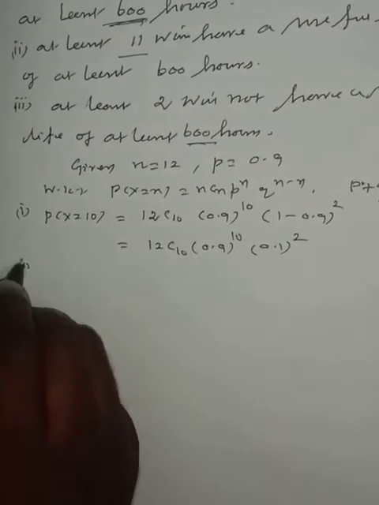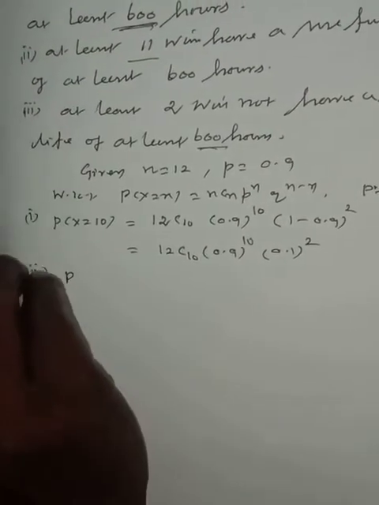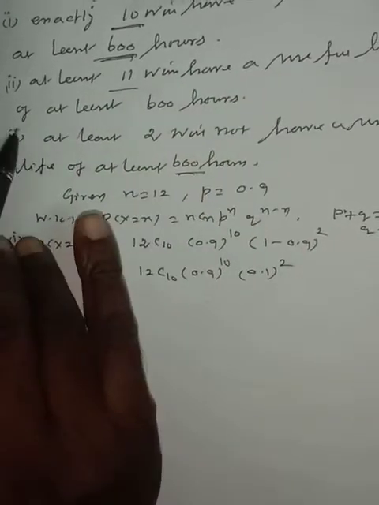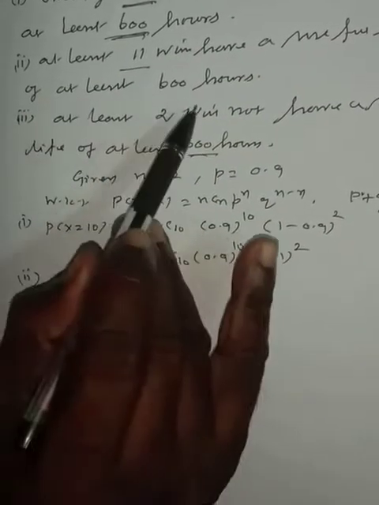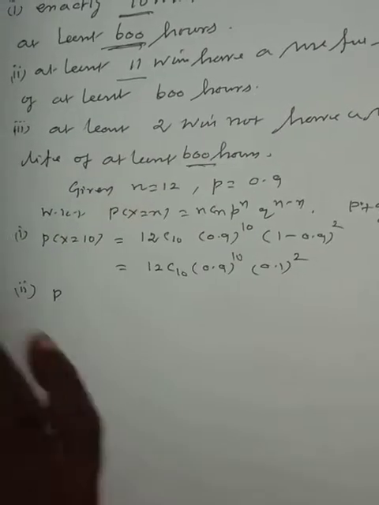Next, question number 2, probability that at least 11 will have the useful life of at least 600 hours.